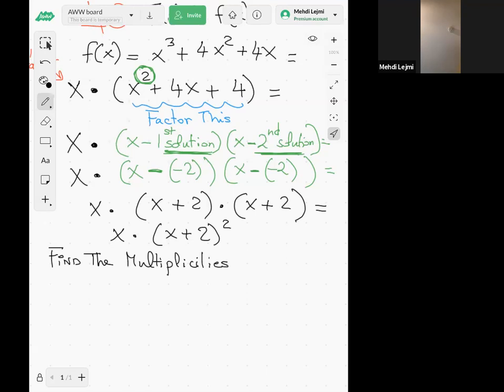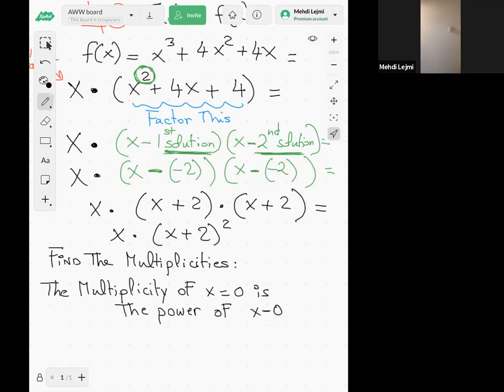The multiplicity of x equal to 0 is the power of x minus 0.